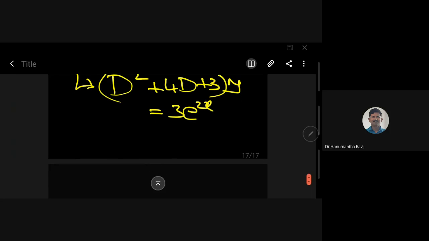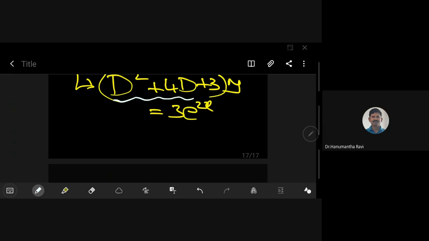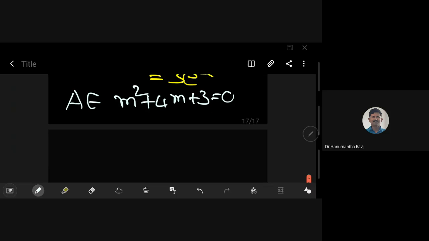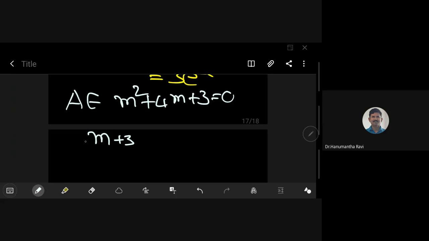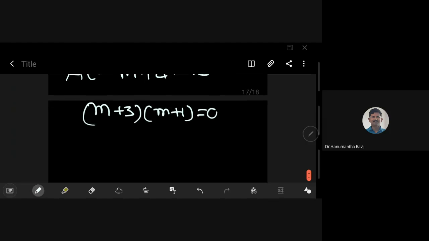For this, the complementary function, if you look at the homogeneous part, what is the auxiliary equation here? m square plus 4m plus 3 is equal to 0. This can be factored easily as m plus 3 into m plus 1 is equal to 0. So we have m as minus 3, minus 1.